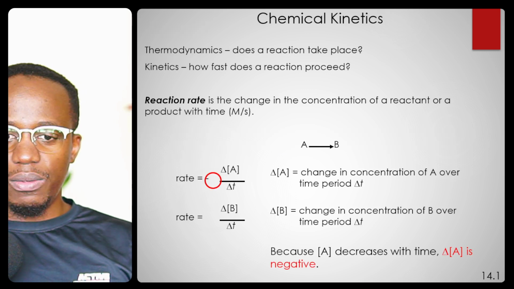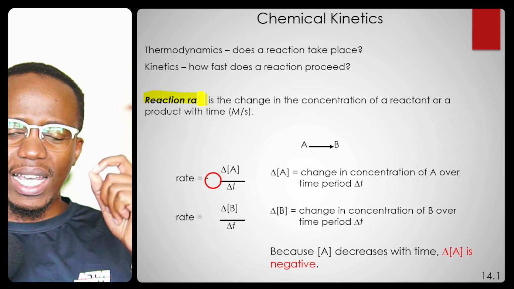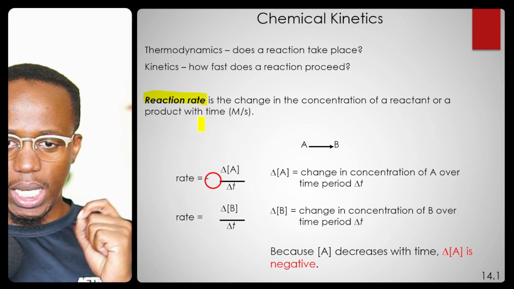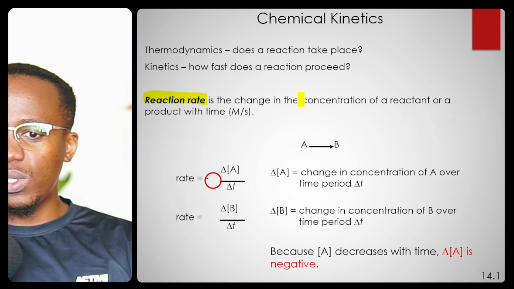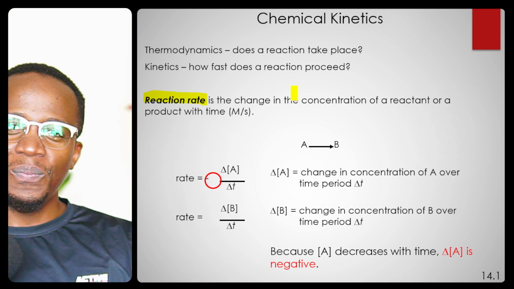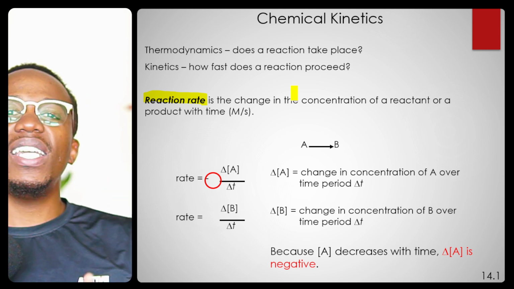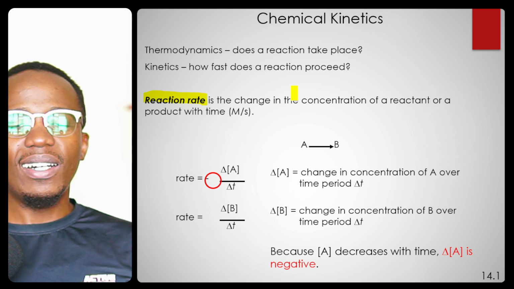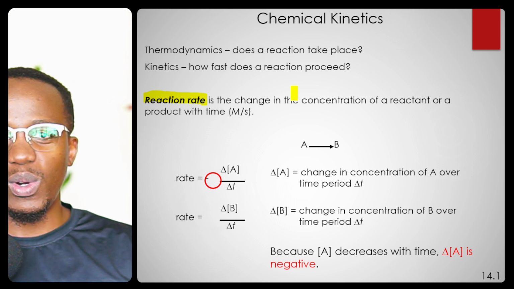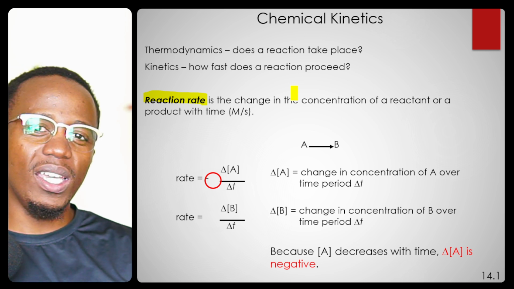So let's start with rate. The reaction rate is speed. So whenever you hear rate in kinetics, think of speed, right? It's a change in the concentration. When we talk about speed in running, or when you're driving, you drive 80 miles per hour or less, hopefully, right?